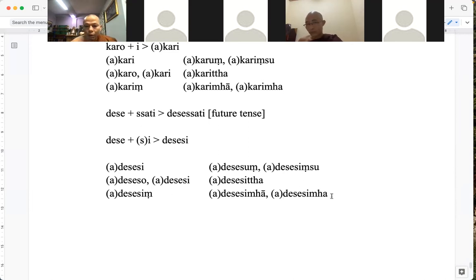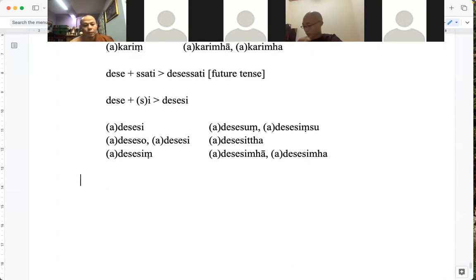So now for the irregular verb. So for example, so root ta mean to stand, right?